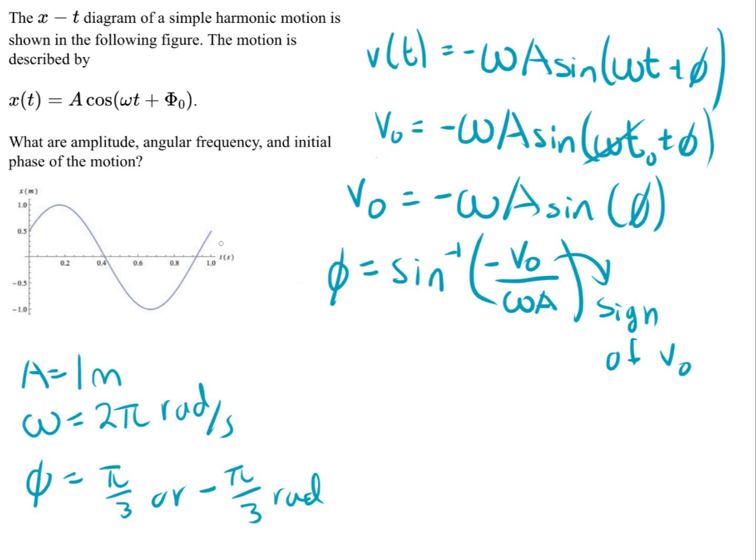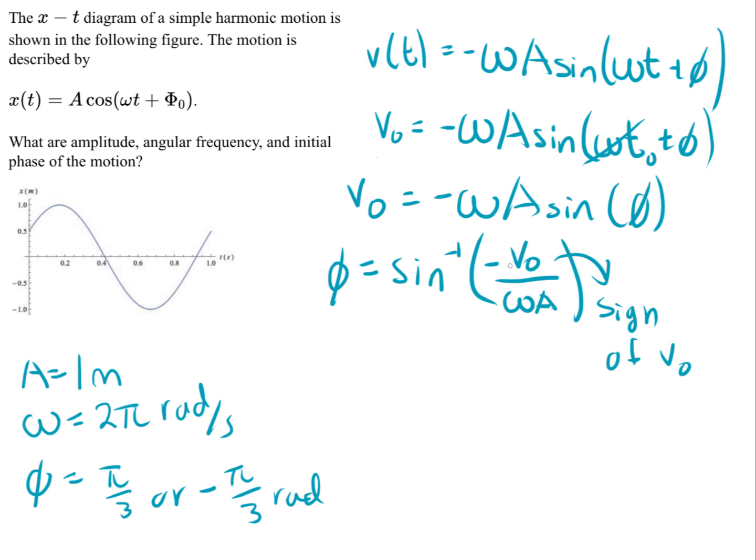Since this is a position-time graph, the velocity is simply going to be the slope at any point of this graph. So if we look at where our initial position is and take the slope there, you will see that the initial velocity is going to be positive because the initial slope is positive. I can't really draw on this, but if you take the slope here, the slope is positive. So the initial sign is positive.